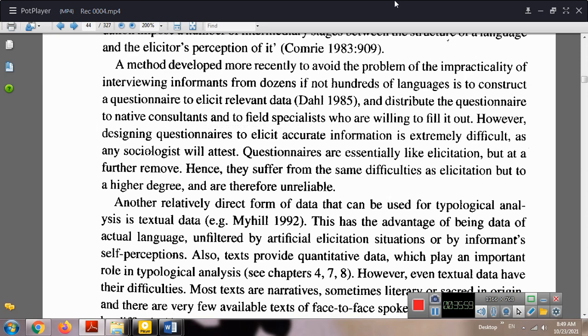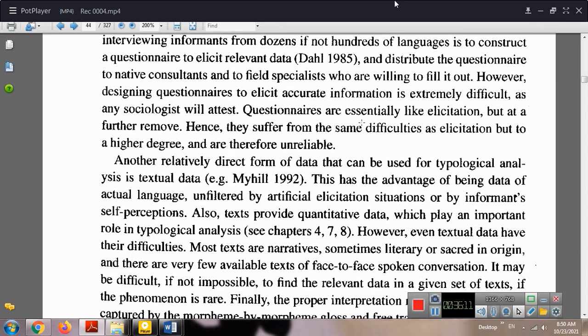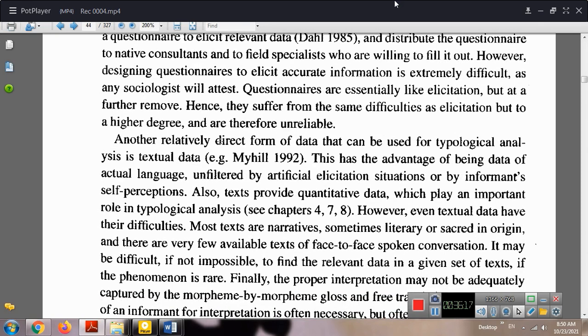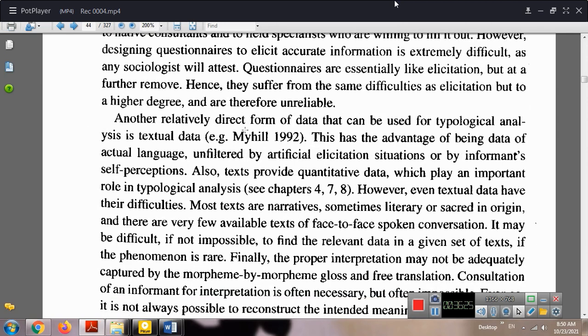However, designing questionnaires to elicit accurate information is extremely difficult, as any sociologist will attest. Questionnaires are essentially like elicitation, but at a further remove. Hence, they suffer from the same difficulties as elicitation, but to a higher degree, and are therefore unreliable.